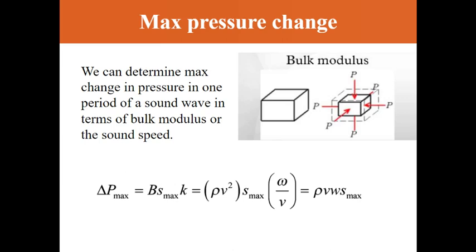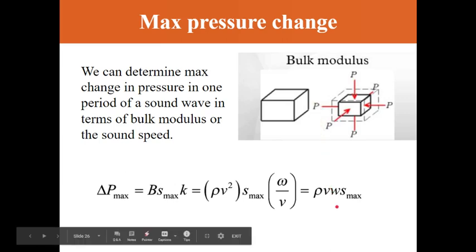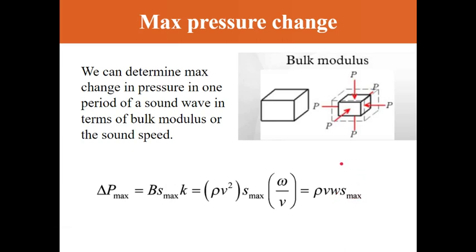You're able to talk about the max change in pressure as a wave passes through a gas in terms of its modulus, and you can also do it in terms of its density and its maximum displacement of any element of the gas. So there's two ways to talk about it: either if you know the bulk modulus and the wave number, or you can just talk about the density, wave speed, angular frequency, and max displacement for the sound wave.